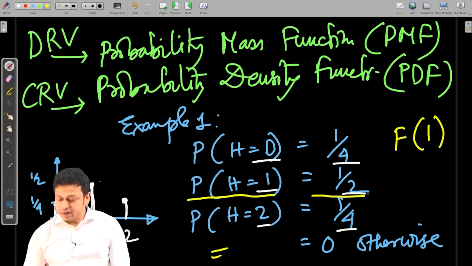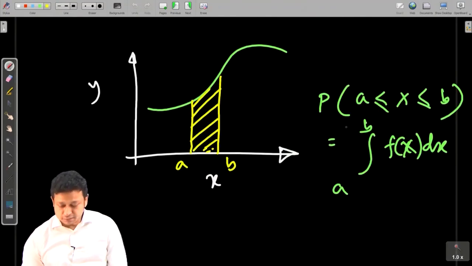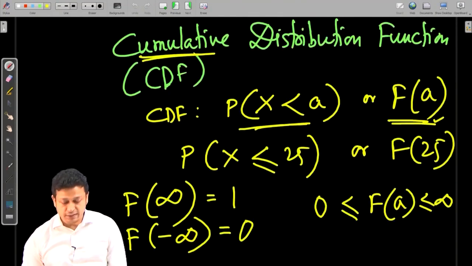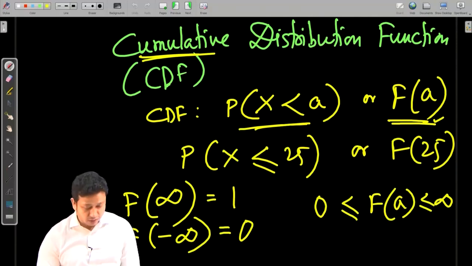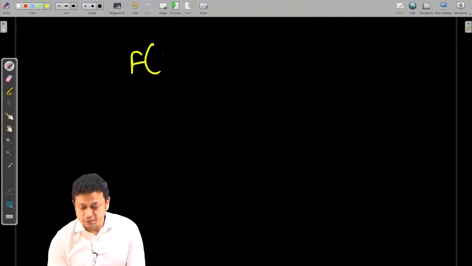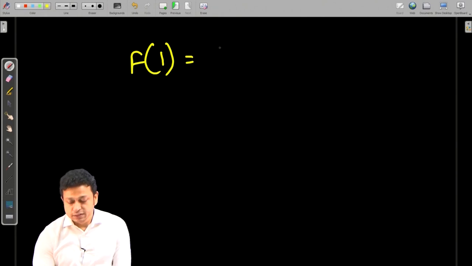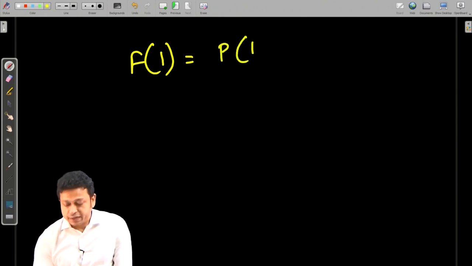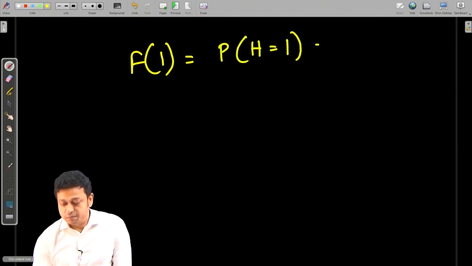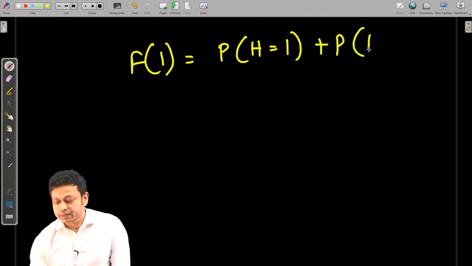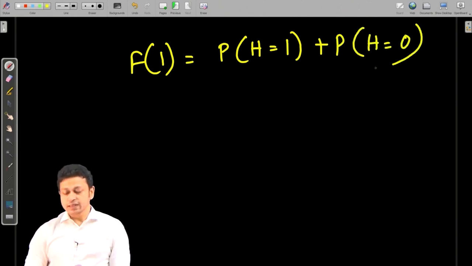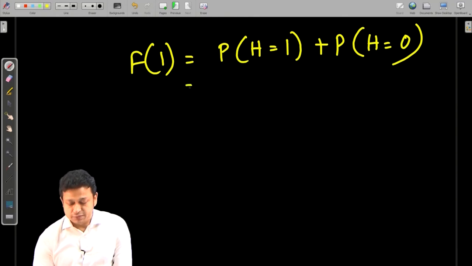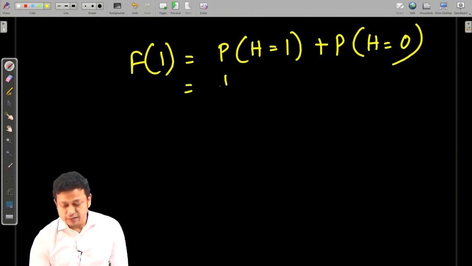So, when I write f of 1, let us go back to where we are writing. Here f of 1 is going to be what? Probability of head equal to 1 plus probability of head equal to 0, right. If I write down the probability values, I know probability of head equal to 1 is half and this is 1/4.